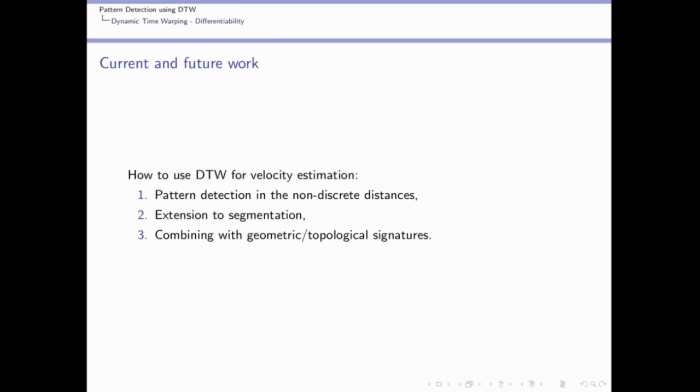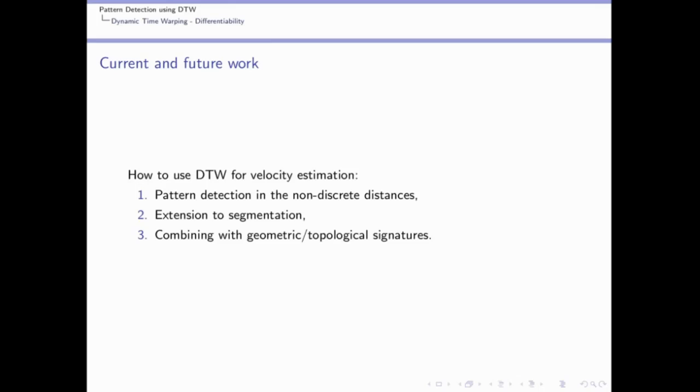I would also like to extend pattern detection to segmentation or pattern learning in general, which is shown to be possible with these differentiability ideas. Extend this to segmentation, so to find such patterns that I can really say that my signal is a concatenation of a pattern.